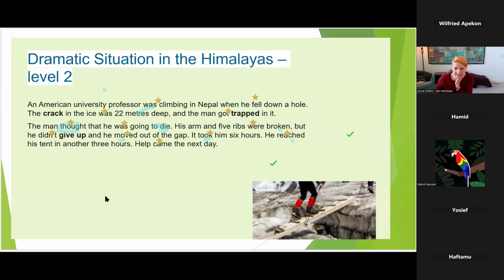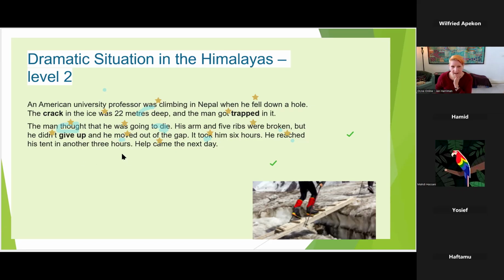Okay, do you see how that fits? We've still got our main sentence, the man thought. And then what did he think? That he was going to die is the whole predicate.